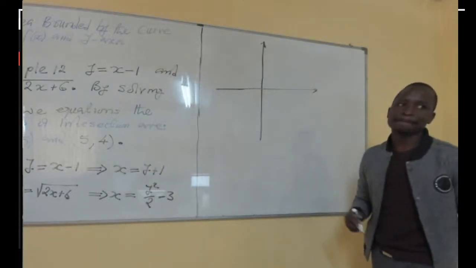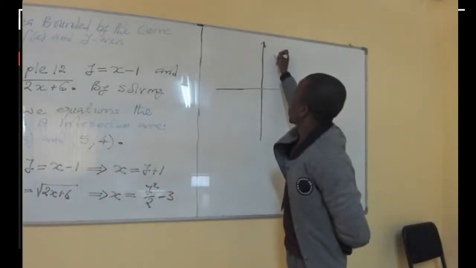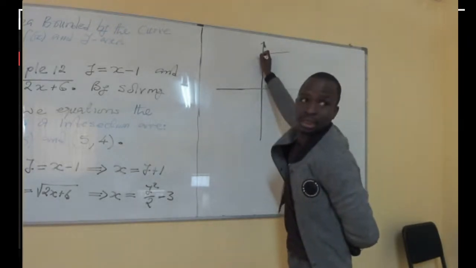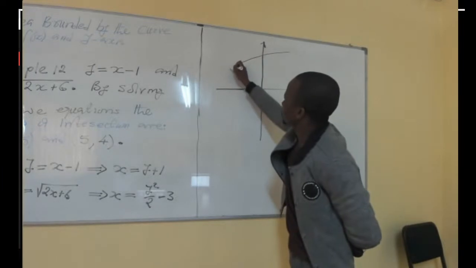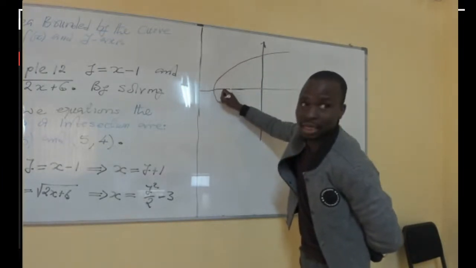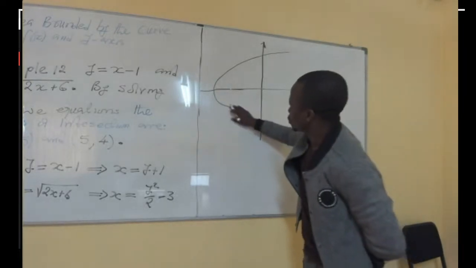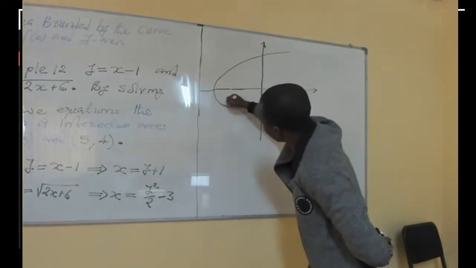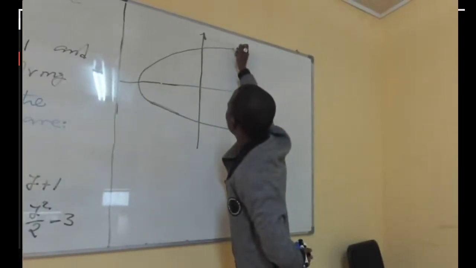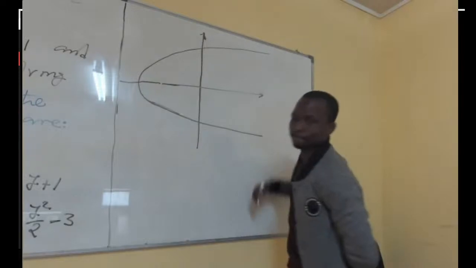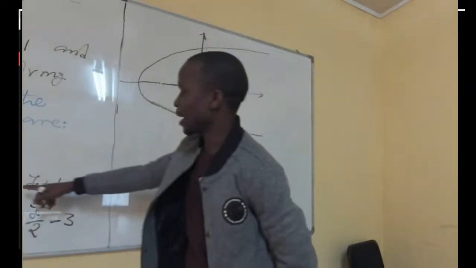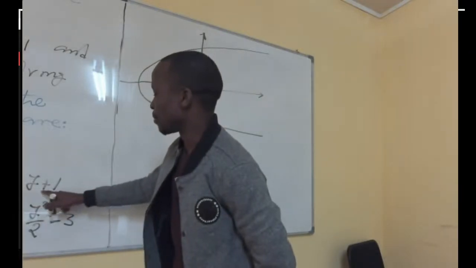So graphically, you have something like this, a curve that comes like that. So you have this parabola that opens to the left, and you have this line x, which is equal to y plus 2.